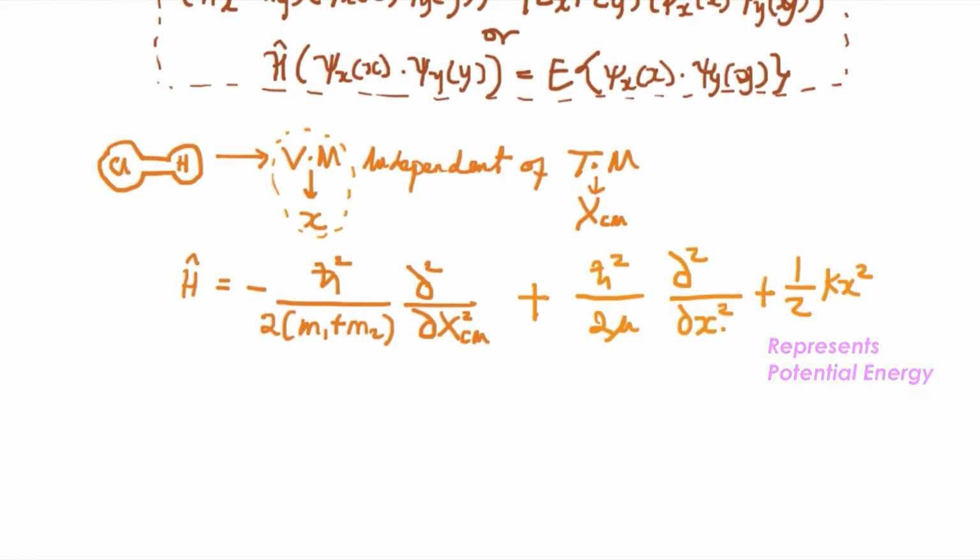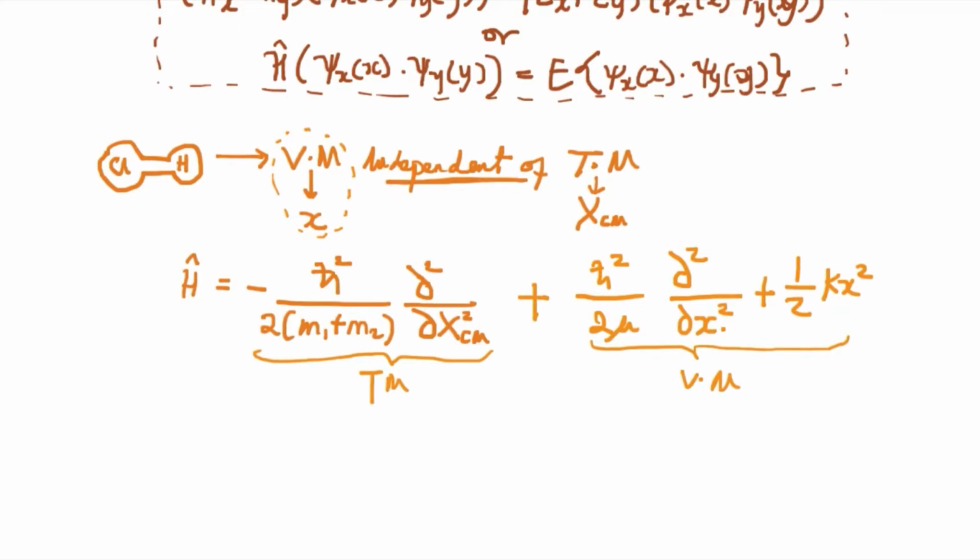So once we have this, a representation of our translational motion, and this, a representation of our vibrational motion that affects this diatomic molecule, take note that these must be independent of each other.